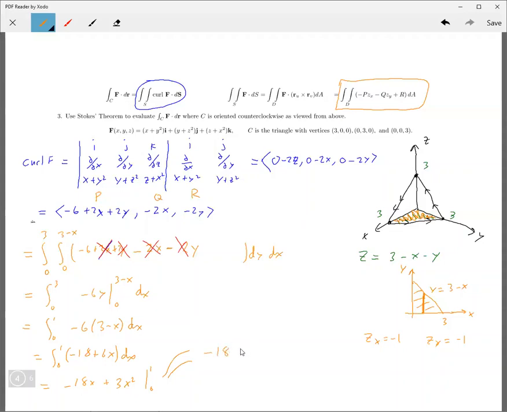Wait, I somehow changed from going from 0 to 1. Well, magic. Okay, so it should be a 3 there, plus 3 times 3 squared. Negative 54 plus 27, so that's negative 27.